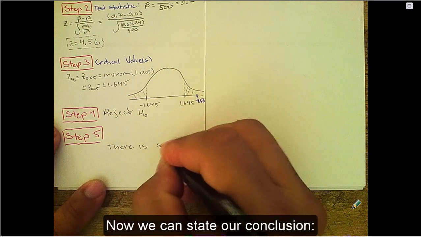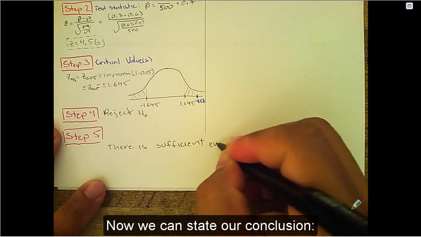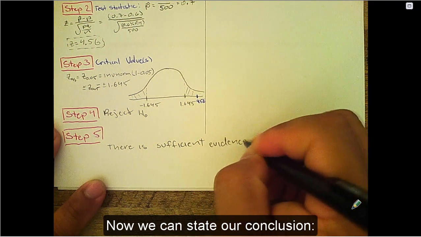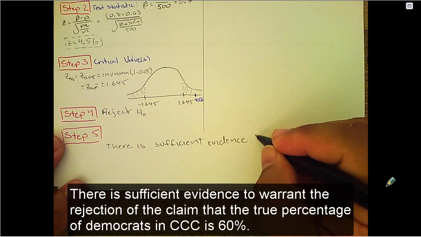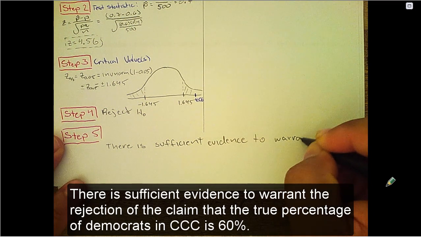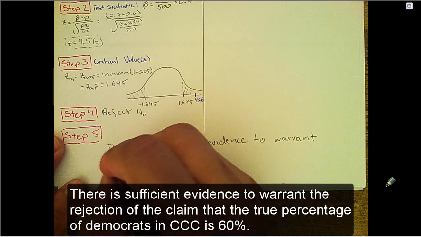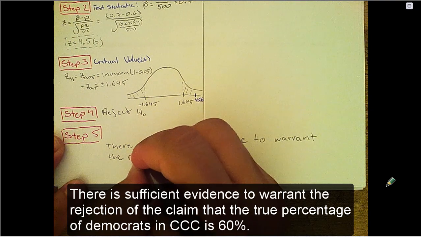Now we can state our conclusion. There is sufficient evidence to warrant the rejection of the claim that the true percentage of Democrats in CCC is 60%.